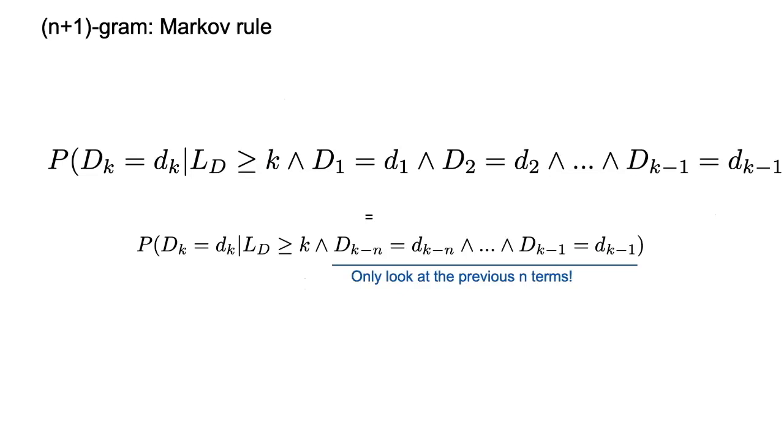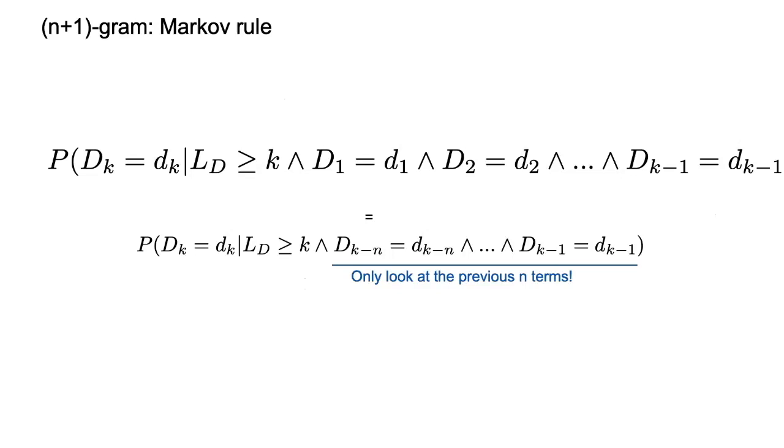So we have an assumption that we call the Markov rule. Who heard of the Markov rule? The Markov rule basically means that you forget old stuff, right? So it just means you remember the previous n terms, whatever came before that, you forgot, right?